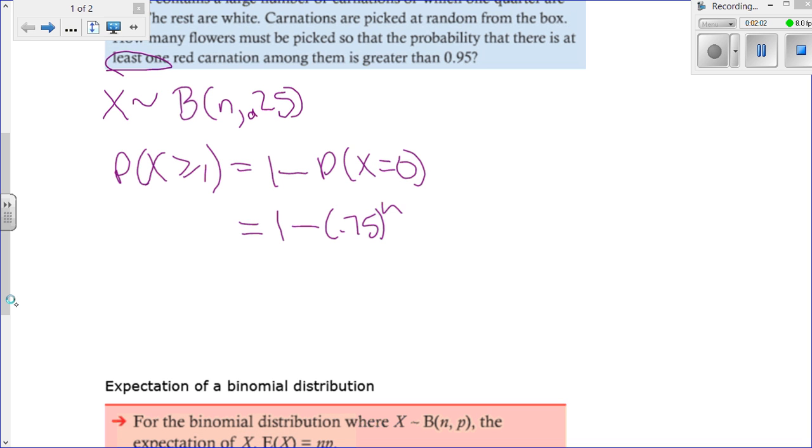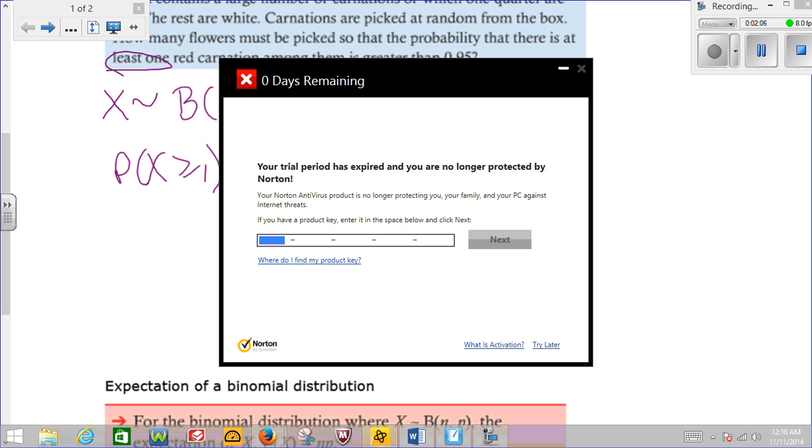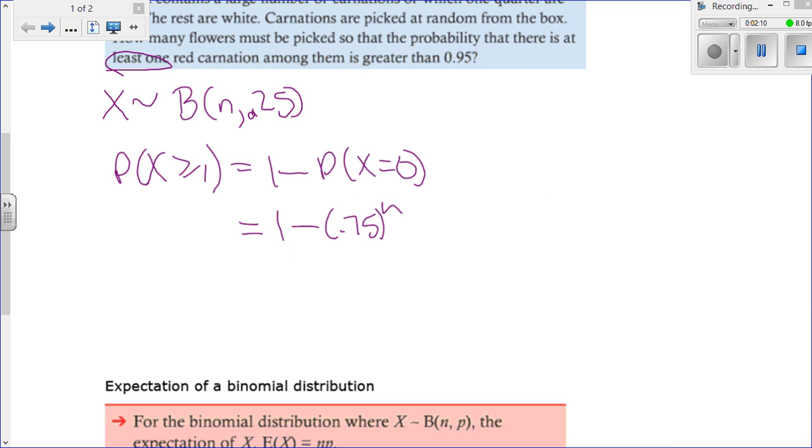Now this has to be greater than 0.95. So 1 minus 0.75 to the n has to be greater than 0.95, because that's what the probability states.